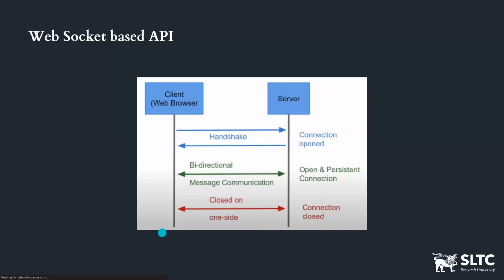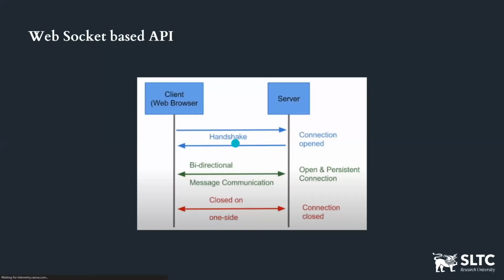So in the WebSocket protocol, we first initiate the communication using some handshake messages, and then secondly we do a continuous communication with the server. And then we will terminate the communication if one of the devices wants to terminate it.